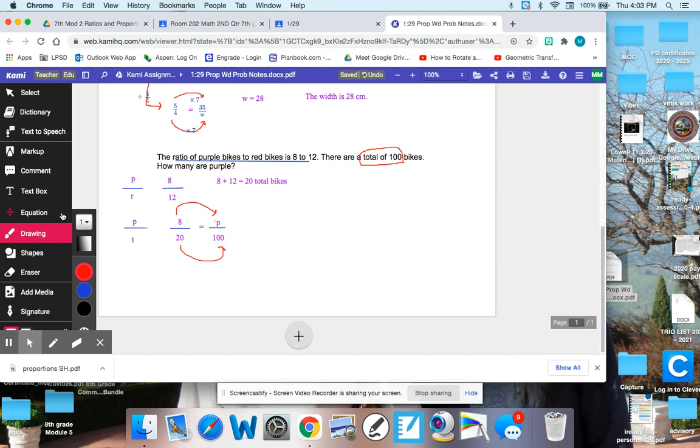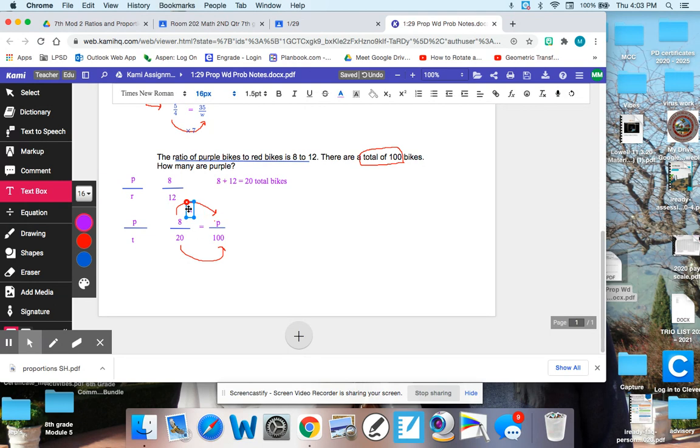Okay, we are going to multiply by 5. Down here, multiply by 5. 20 times 5 is 100. 8 times 5 is 40. So P equals 40. So your final sentence: out of 100 total bikes, there are 40 purple bikes.